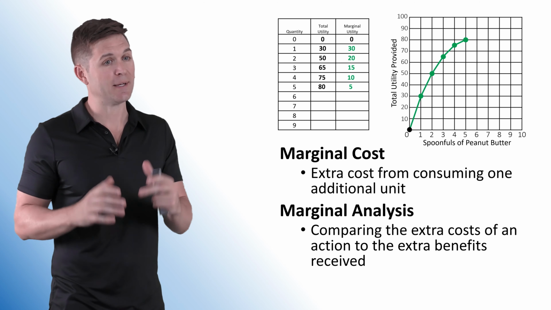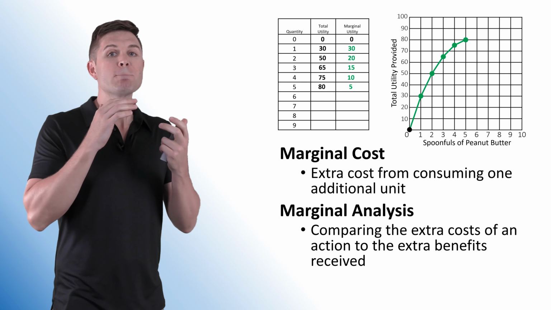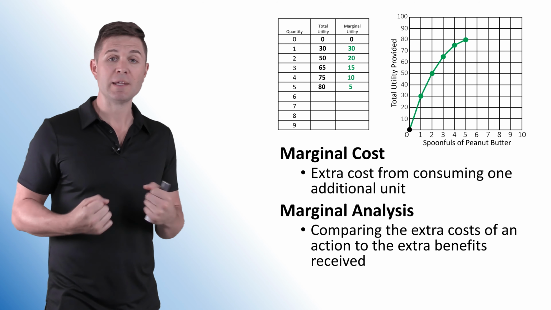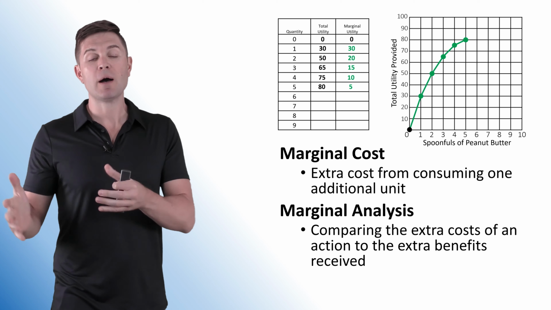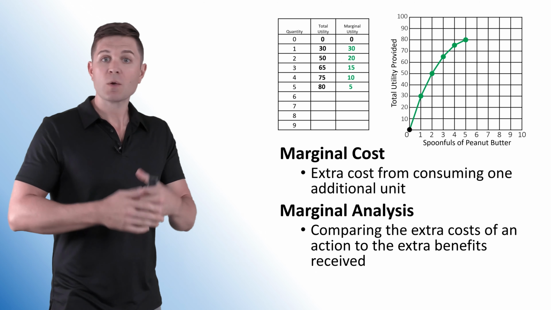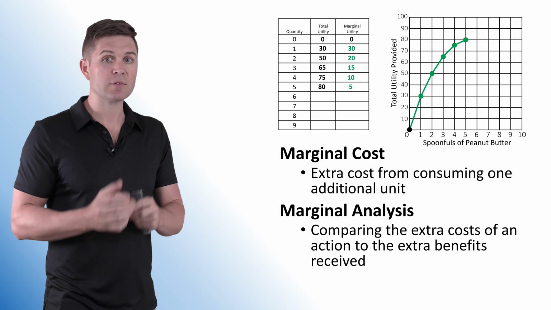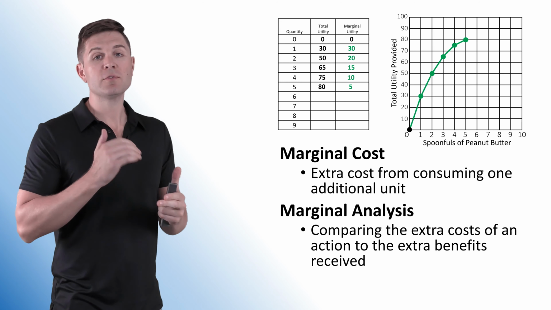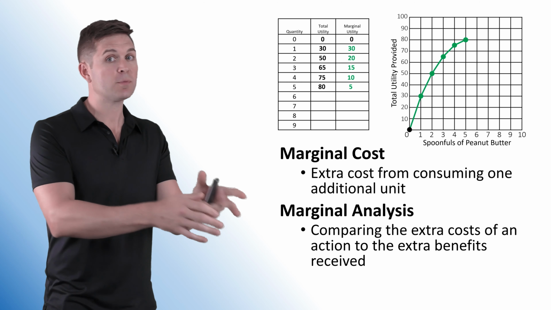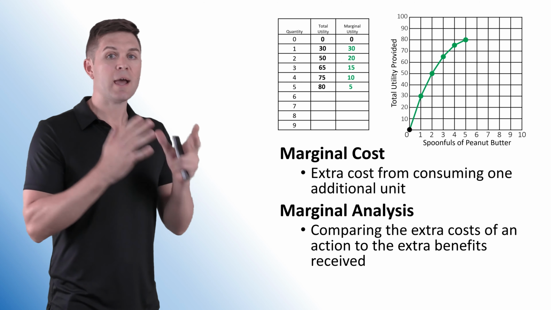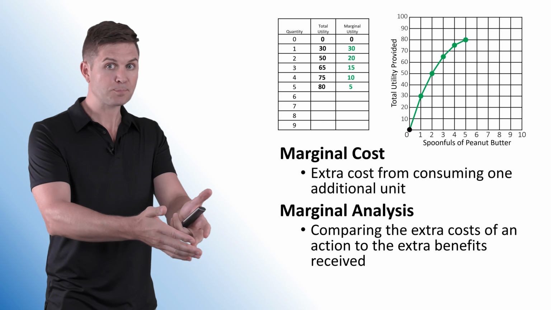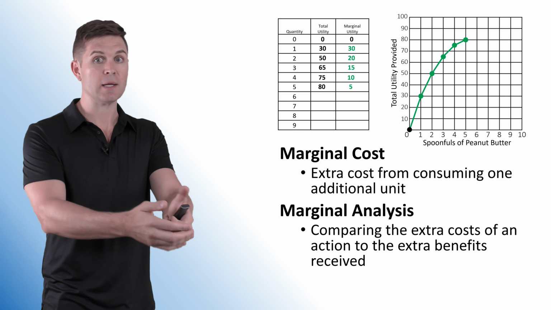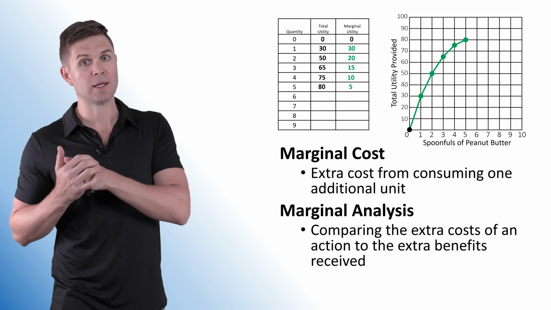So each additional bite is starting to get a little bit less. I could have eaten something else, but instead I ate that bite of peanut butter. So I gave up some other choice. When you choose something, you're always giving something up. There's always a cost to every decision we make. Sleeping 5 more minutes means you have 5 minutes less to get ready. So every time we make a marginal decision and we get marginal utility, we give up something and experience that marginal cost.